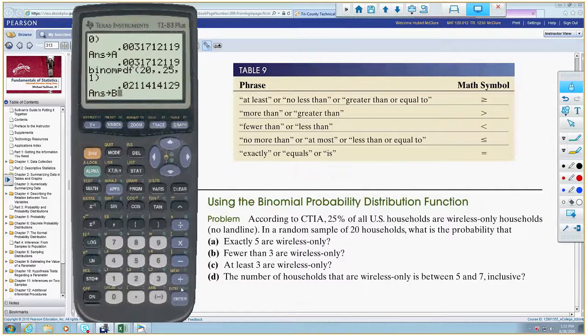B. Enter. Second entry, second entry, and 2. Enter. Store, alpha, C, enter. And now what we're going to do, clear, alpha A plus alpha B plus alpha C.